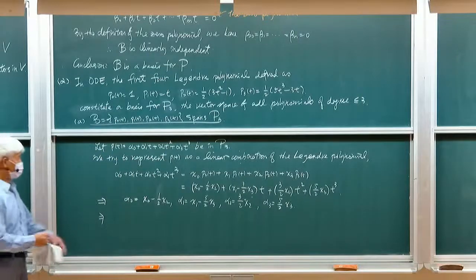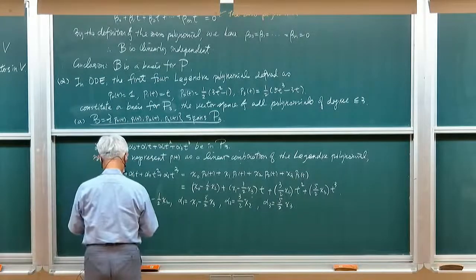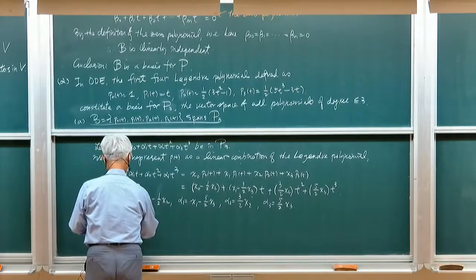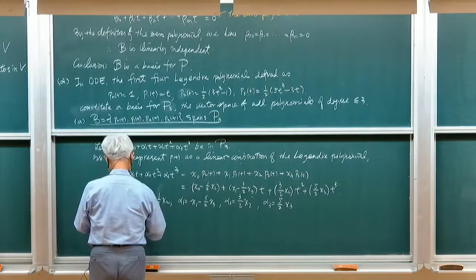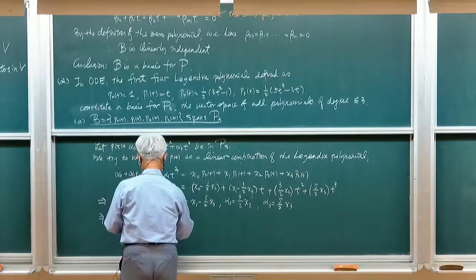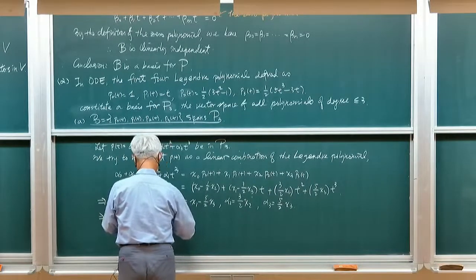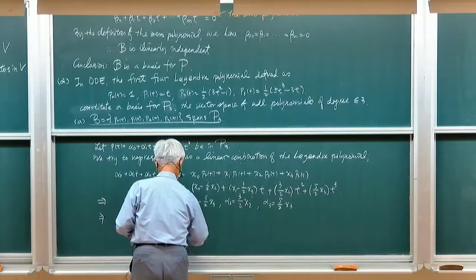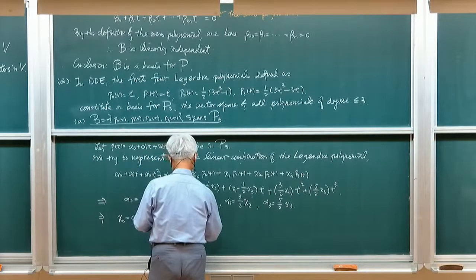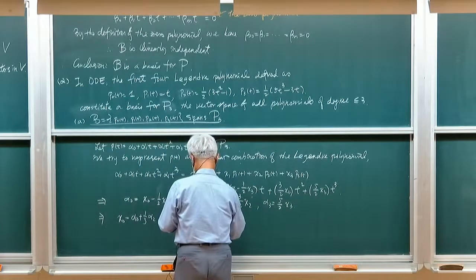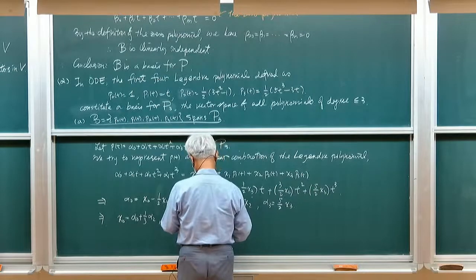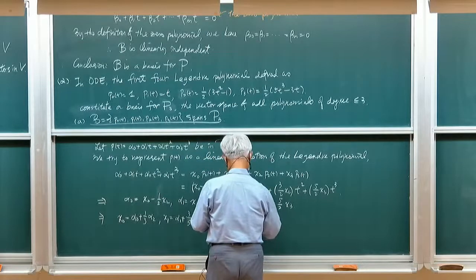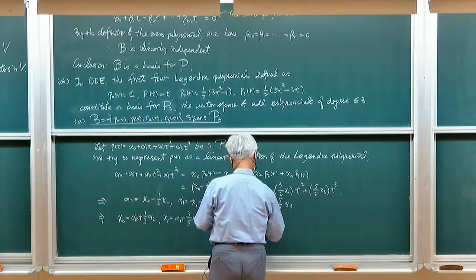But the unknowns are the x_i's, so we will have x0 can be expressed by alpha 0 plus 1/3 of alpha 2, and x1 equals alpha 1 plus 3/5 of alpha 3, and x2 is 2/3 of alpha 2, and x3 is 2/5 of alpha 3.